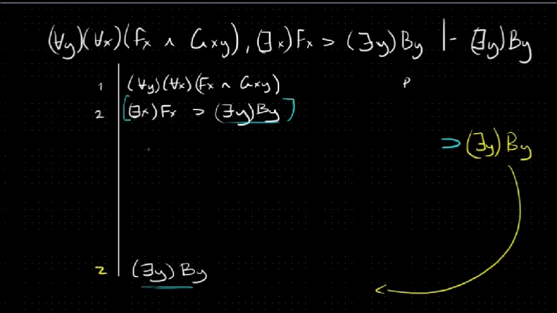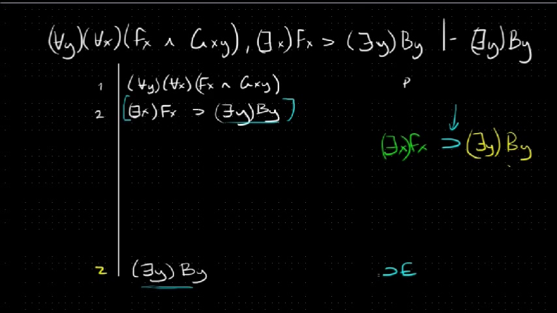So in order to get that, we're going to need to somehow get to ∃x Fx. Because of the way the scope of these formulas work, and because this is our main operator, in order to get this last step, we can just do a conditional elimination, using line 2 and line Y, and on line Y we're going to need the antecedent, so that's going to be ∃x Fx.